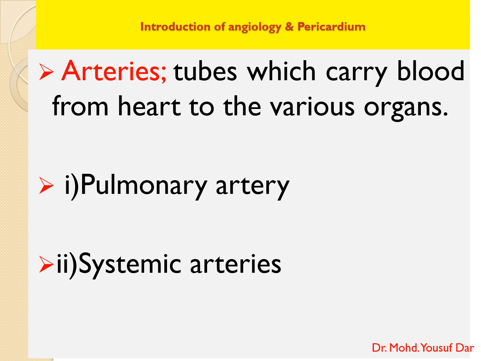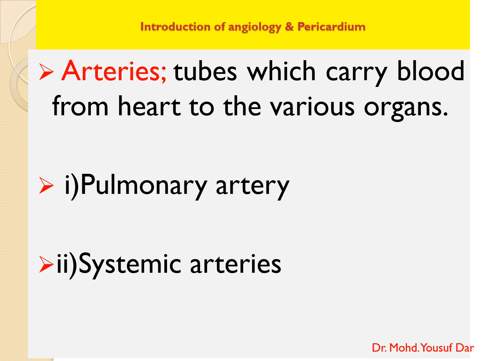After purification, the blood returns to the heart via the pulmonary veins into the left atrium. The circulation of the blood from the right ventricle to the lungs and then back to the heart is known as pulmonary circulation.